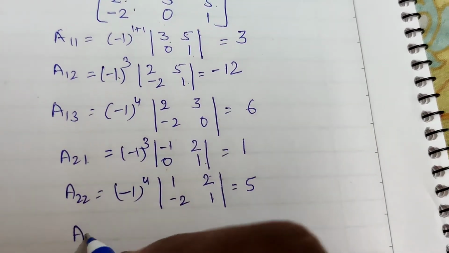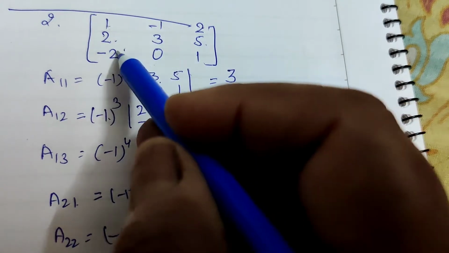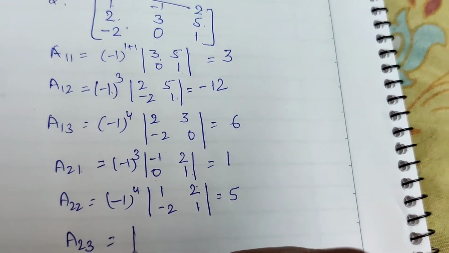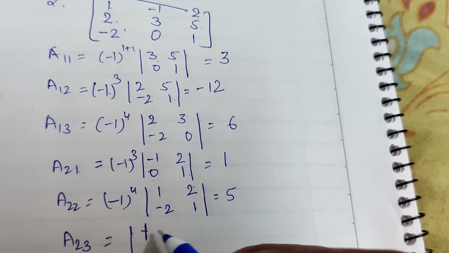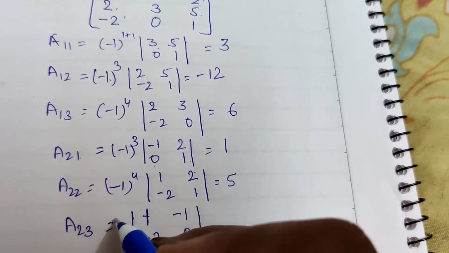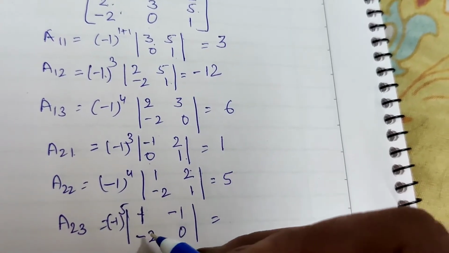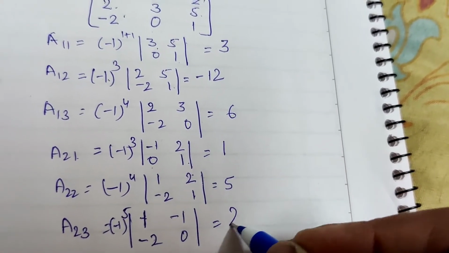Next, A23: second row, third column. The matrix is 1, minus 1, minus 2, 0, and minus 1 raised to power 5. It is 0 plus 2, so minus 2.